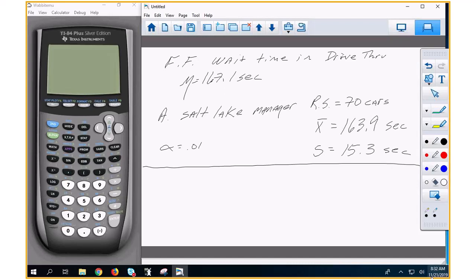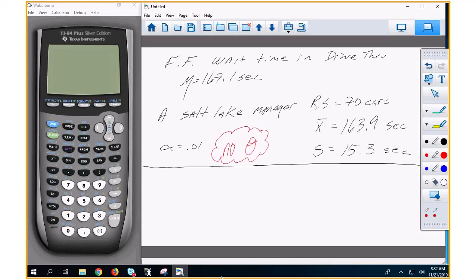So the third thing we notice is there's no sigma. So we can highlight that. No sigma. Now, most of the time, if there's no sigma, you're going to use the t-value.